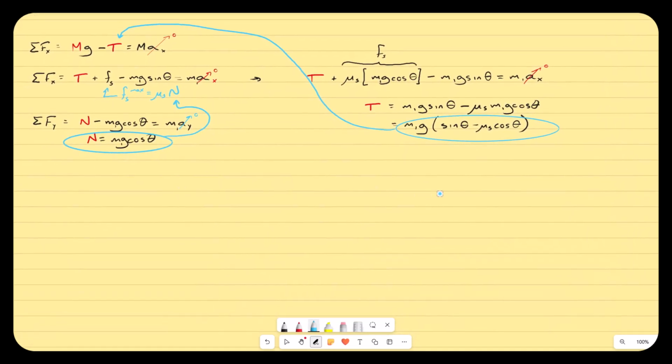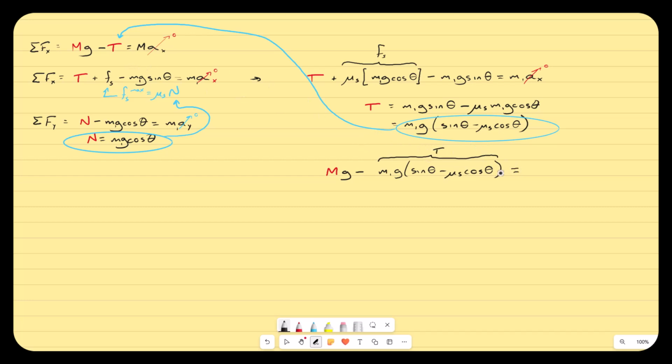I'm going to come back and explain why I'm not plugging numbers just yet, but let me do that. M times g equals m1g times sine theta minus mu s cos theta. Remember, this whole thing is my tension force.